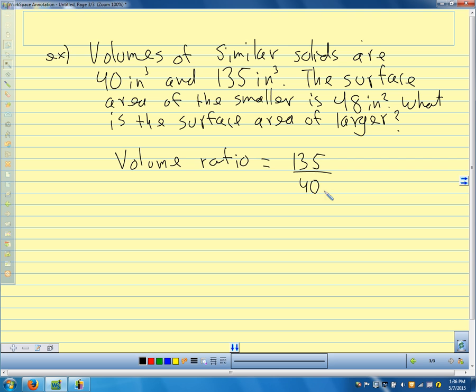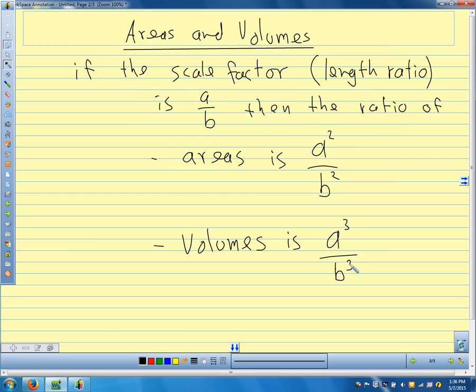What are we going to do to the volume ratio? Or let me rephrase that. What relationship do we know that has to do with the volume ratio? We know how to get what from the volume ratio? Let's go back here. The volume ratio is related to the length ratio.